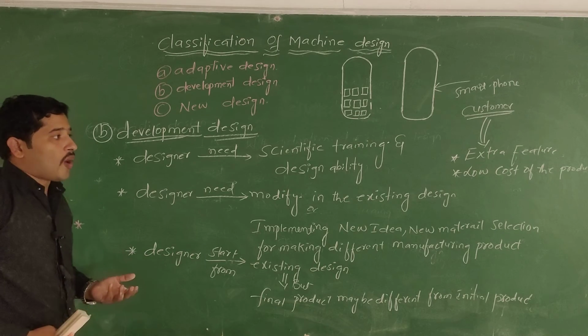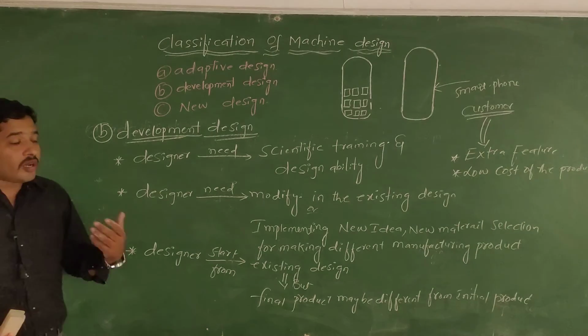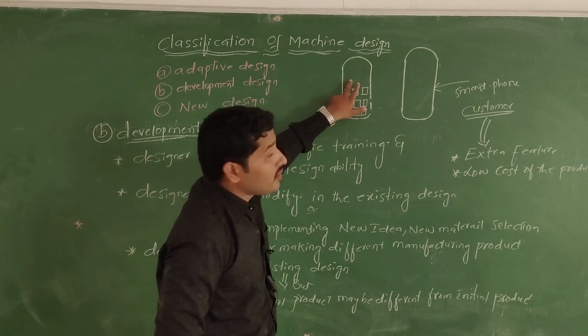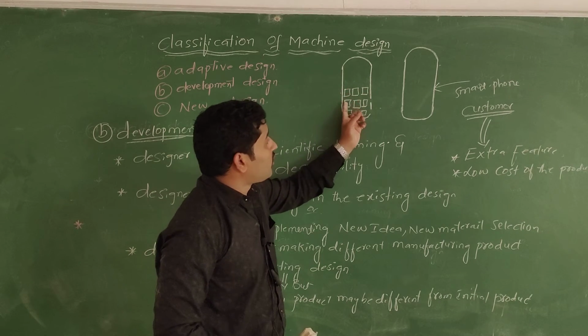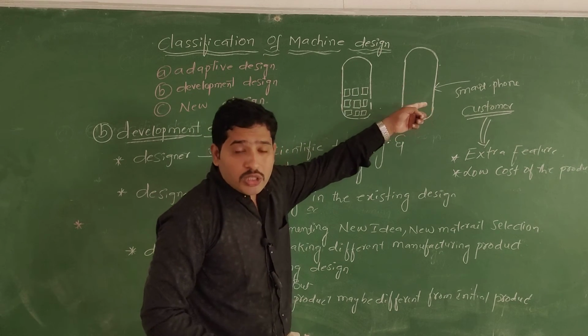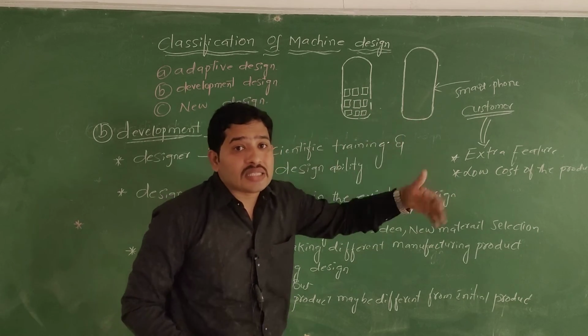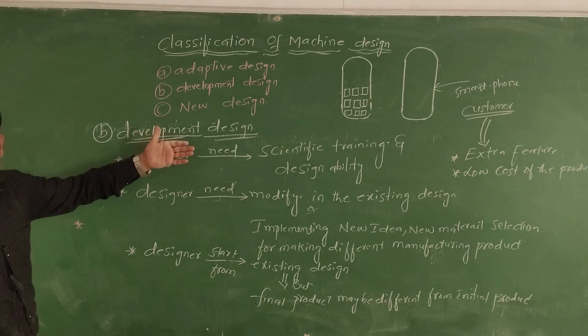Scientific training and design ability are required. Then the designer needs to modify the existing design. Whatever the design, the design is changed. Instead of a button phone we are using the smartphone. This means that we are doing major modification in the existing design. So we can say it is development design.